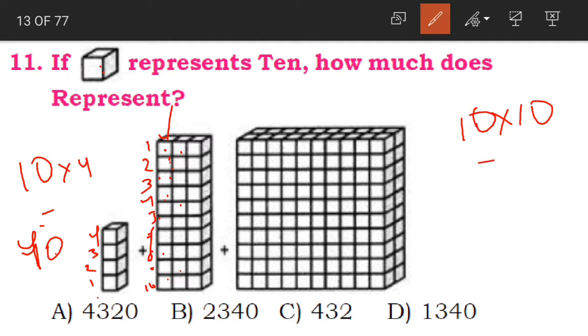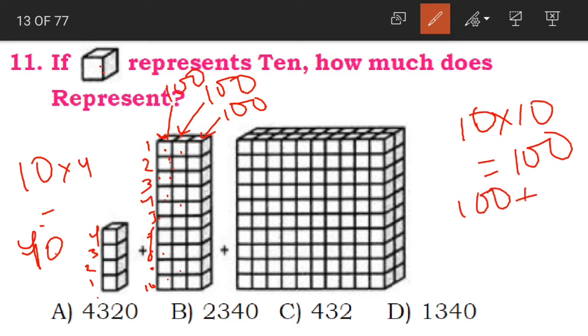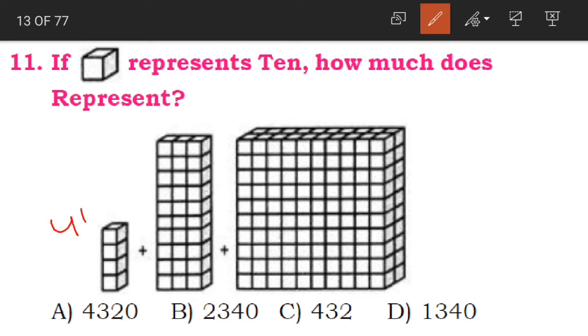So we are having 10 blocks. 10 into 10 is 100. This is 100 and this is 100 and this is 100. We are having 3. 100 plus 100 plus 100 is equal to how much? 300. Clear? The first block is 40.